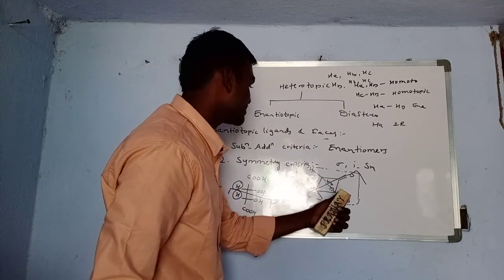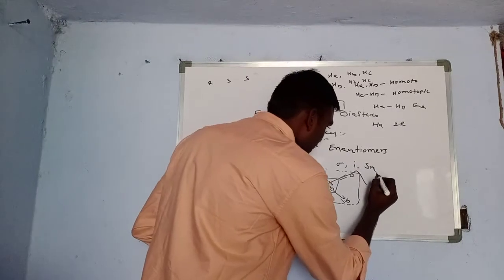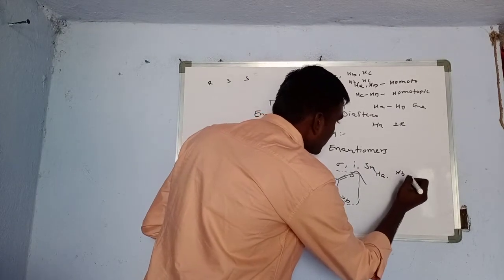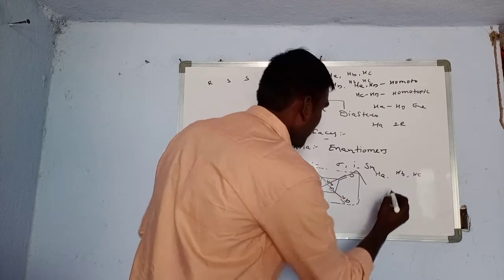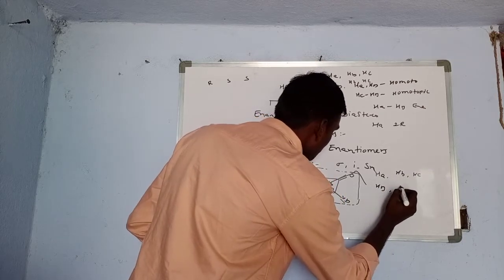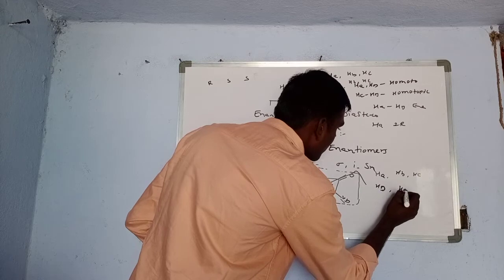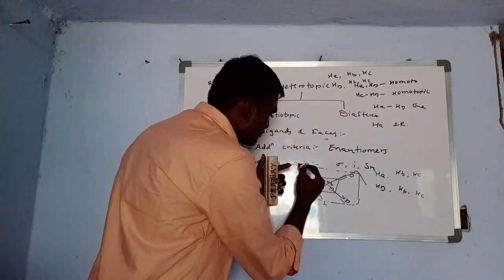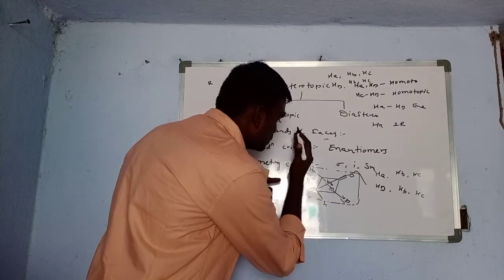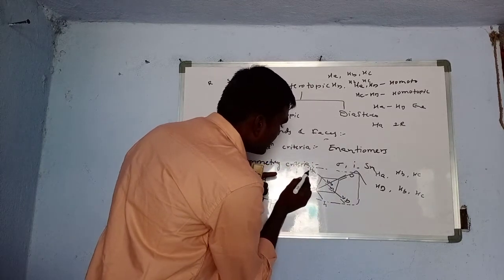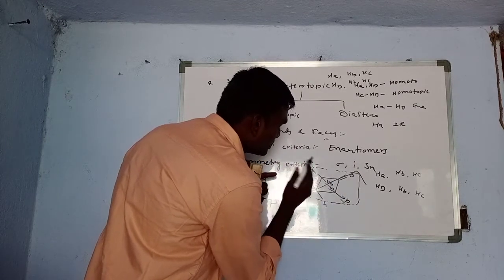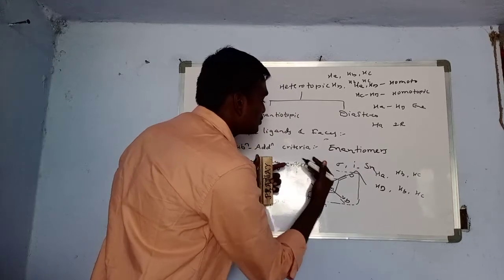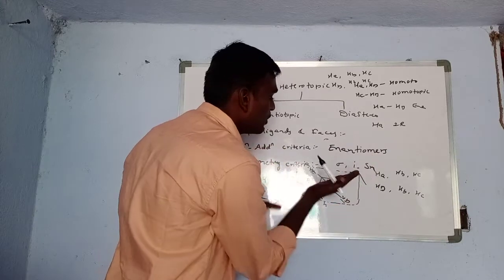By this example, we can conclude that HA is enantiotopic with HB and HC, and HD is enantiotopic with HB and HC. So if the molecular plane passes through the molecule, HA and HB are interconverted, exchanging with each other.